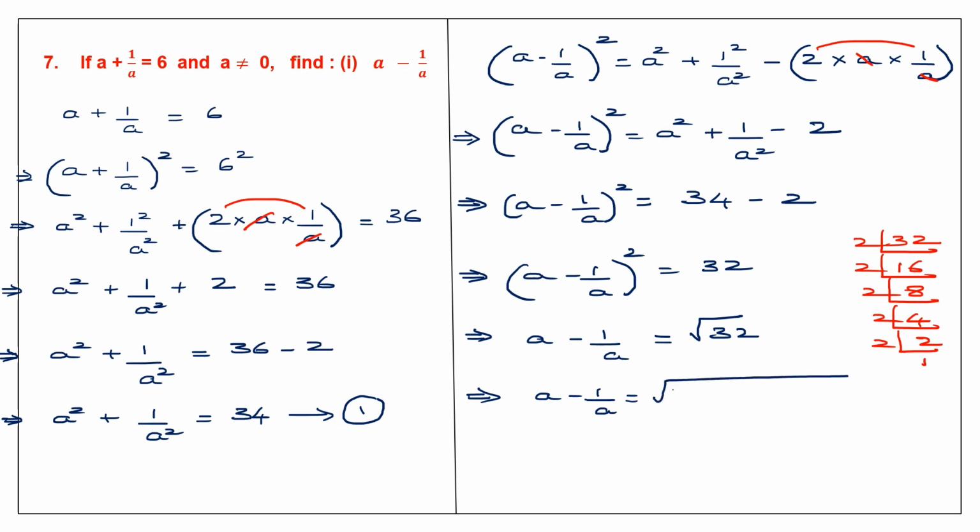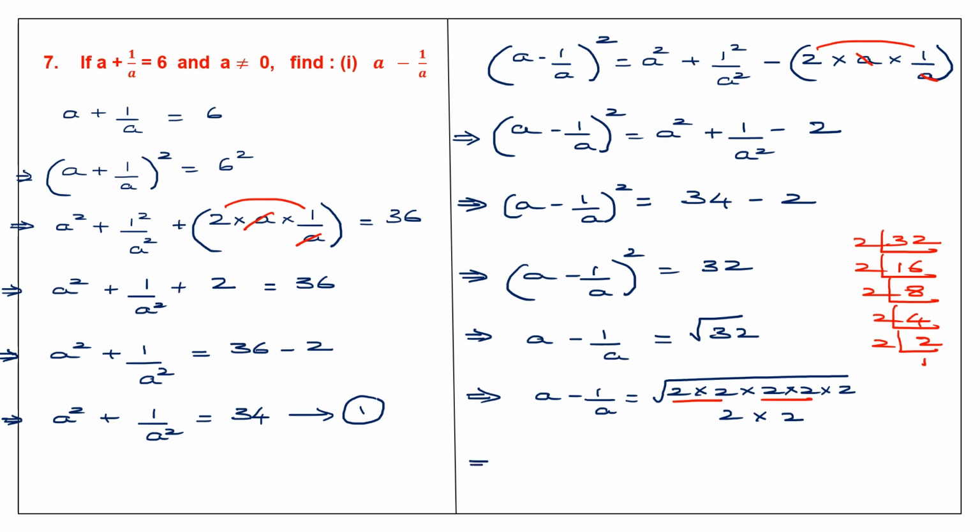There are 5 2's, 1, 2, 3, 4 and 5. Since it's a square root, we're going to pair them up and take one from each. From here we can take 1, 2. From here we can take 1, 2. So that is 2 into 2. But this root 2 doesn't have a pair, so that will remain within the root.